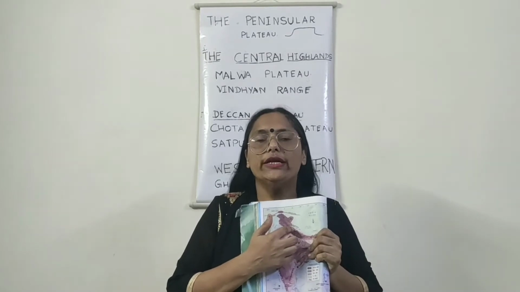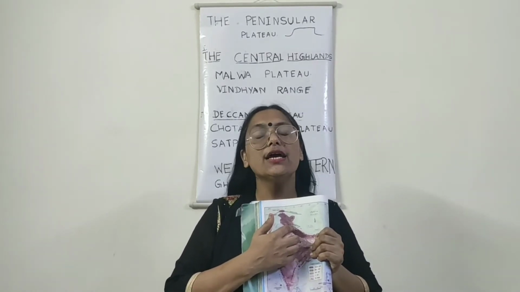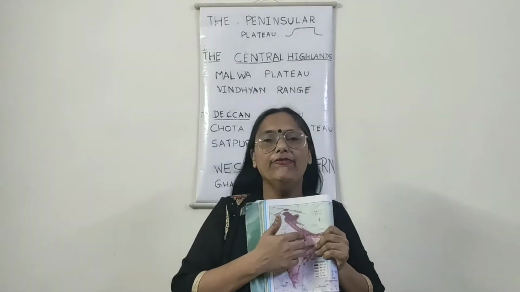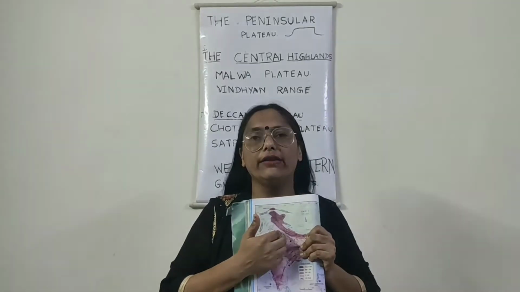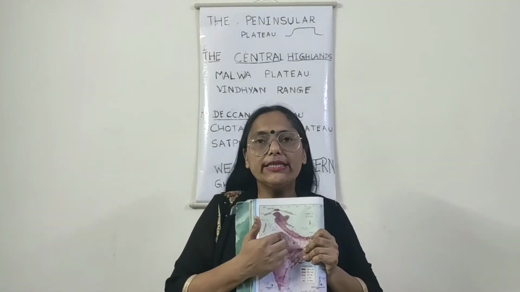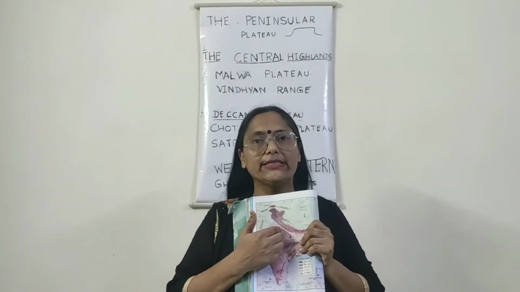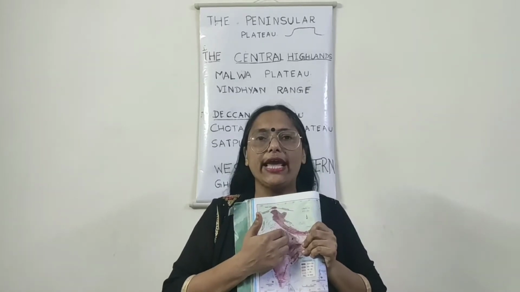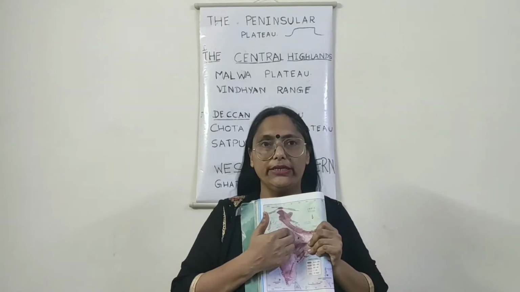I told you how mountains are a kind of landform. If we move ahead, we find here the Himalayan ranges, where we find prominent peaks like Mount Everest, Kanchenjunga, etc. This area is covered with snow throughout the year.